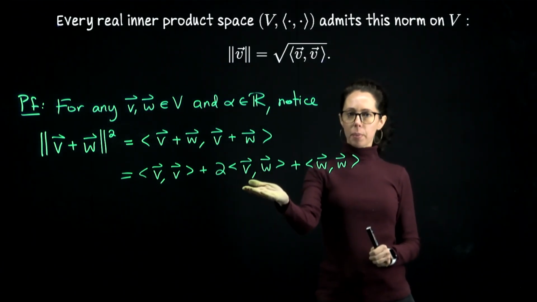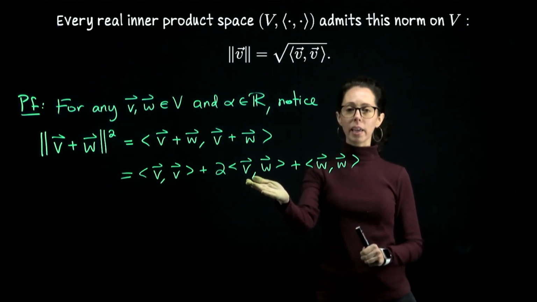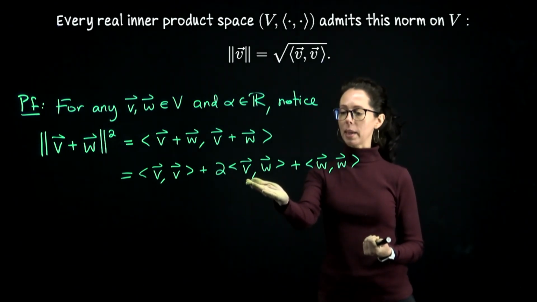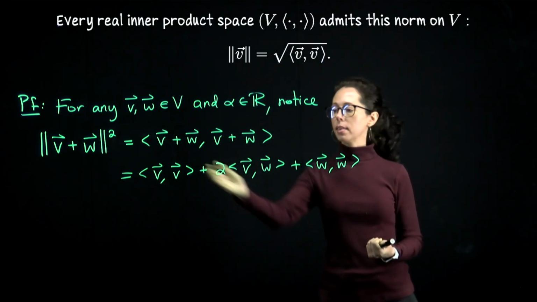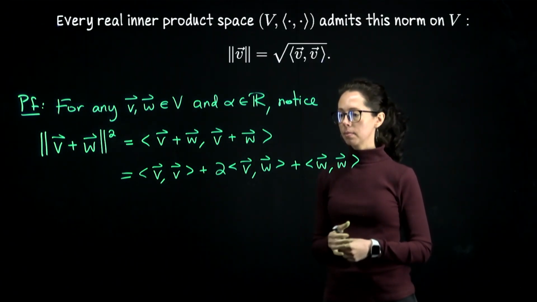This middle term here, the inner product of v with w, could be positive, it could be negative, it could be 0 if v and w are perpendicular elements in their space. This is non-negative, this is non-negative because of the positivity of the inner product.